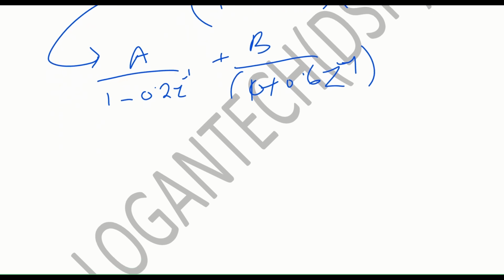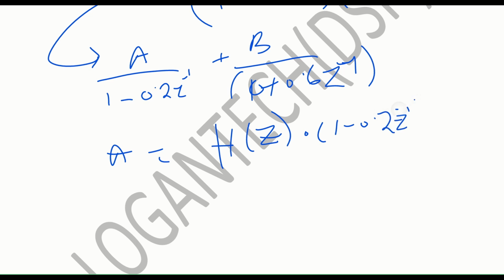You can go through various ways, but there's a short way. You can say A is equal to H(z) multiplying the denominator of A, which is 1 minus 0.2z^-1, given that 0.2z^-1 equals 1.